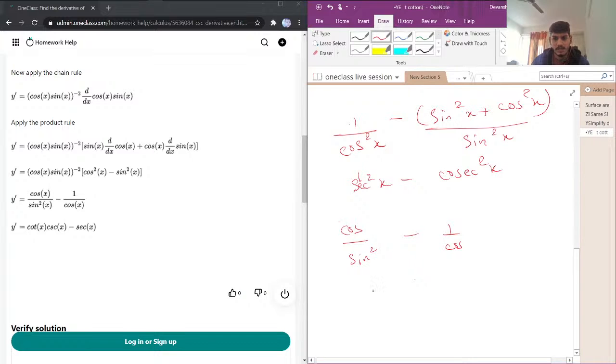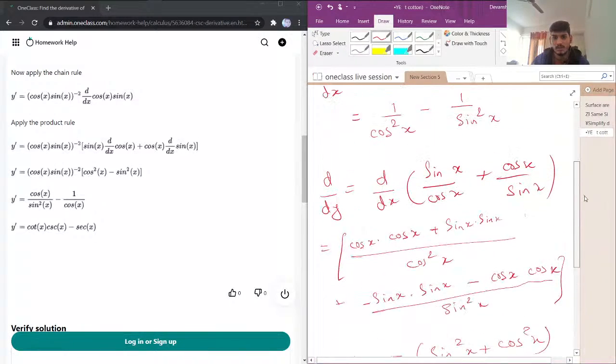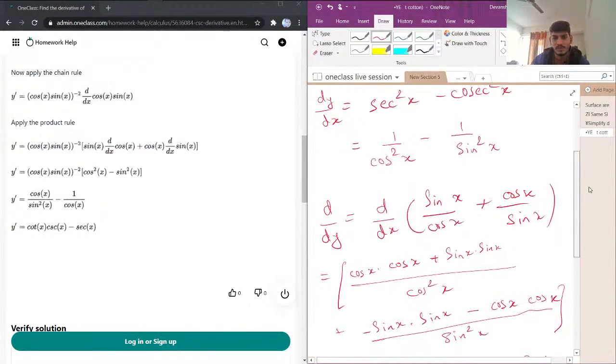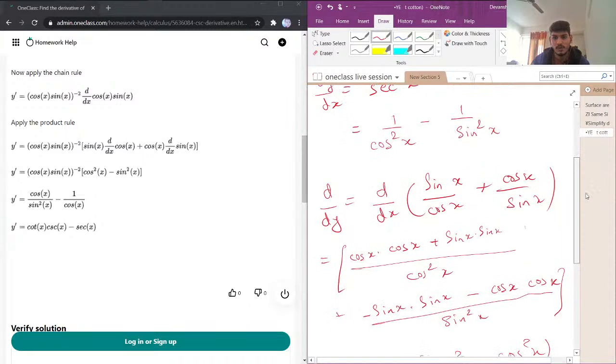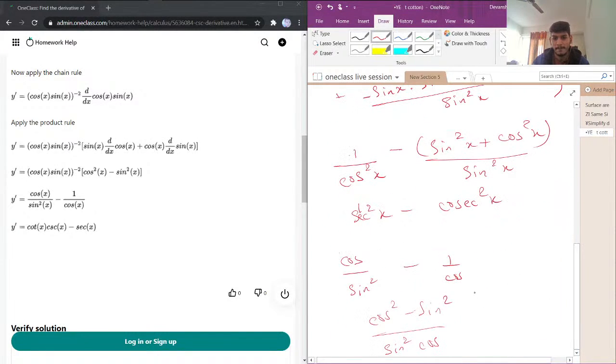If I take the LCM, then cosine square minus sine square over sine square cosine, and in my case when I took the LCM, it will be sine square minus cosine square minus cosine square over sine square cosine square.